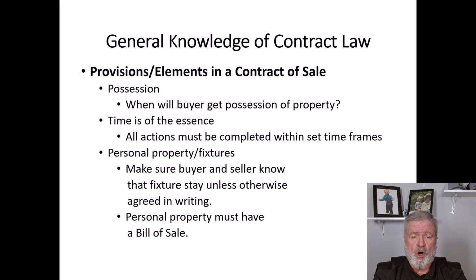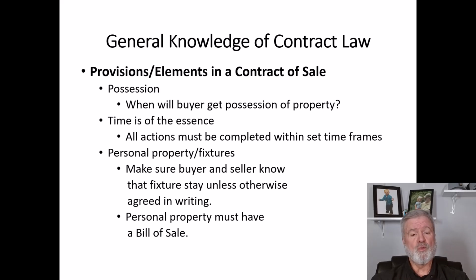Now, in terms of personal property, we've already talked about this at least once or twice. But remember, personal property should not be included in the contract of sale. It's not a valid conveyancing document. Personal property must be written up on a separate document called a bill of sale. And then you can attach the bill of sale to the contract of sale.